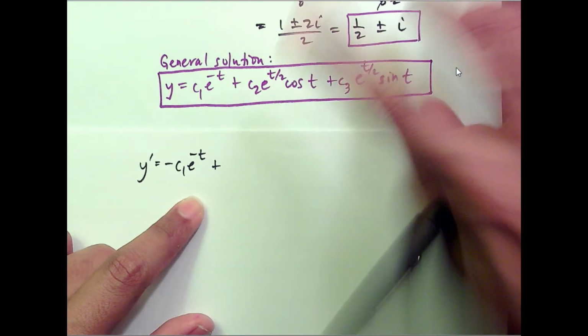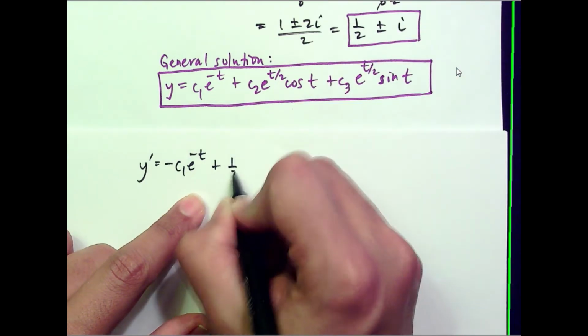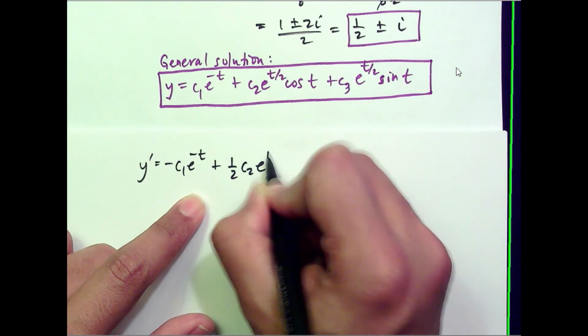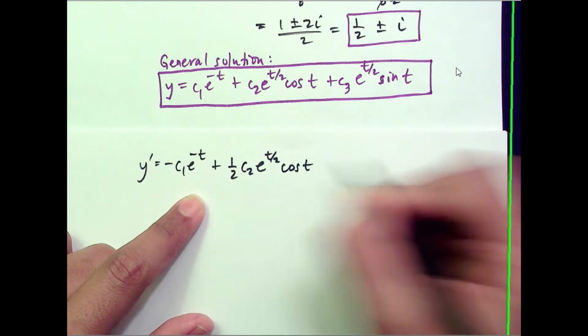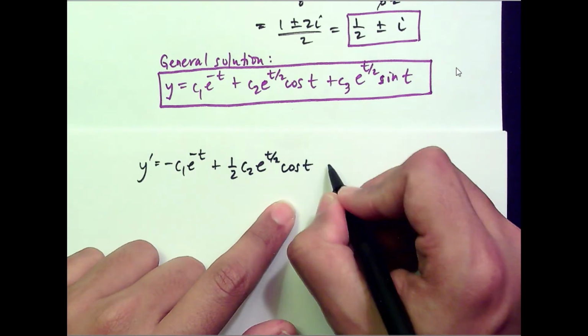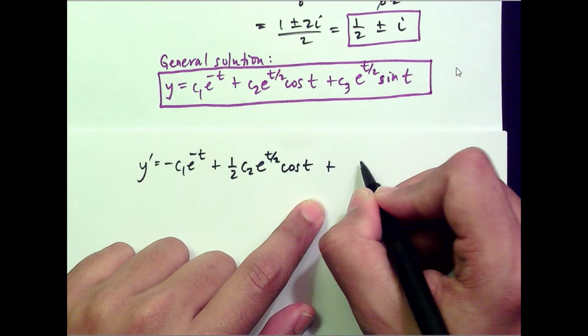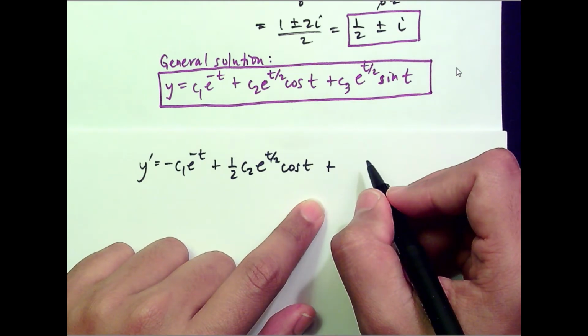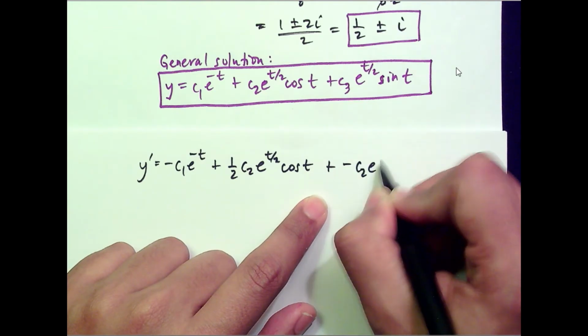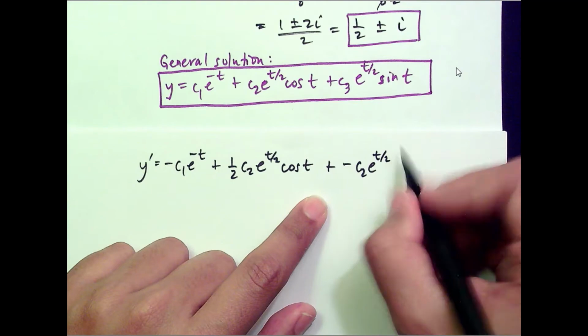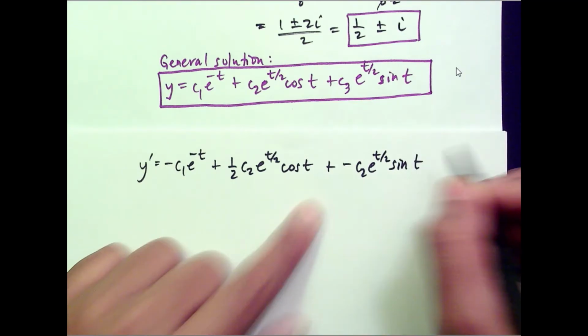So that's going to be 1/2 c2 e to the t over 2, derivative of the first times the second. Now plus the first times the derivative of the second. The derivative of cosine is negative sine. So minus c2 e to the t over 2 sine.